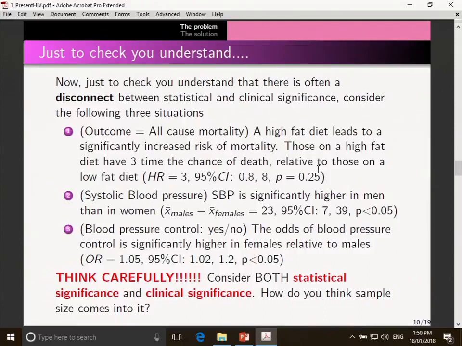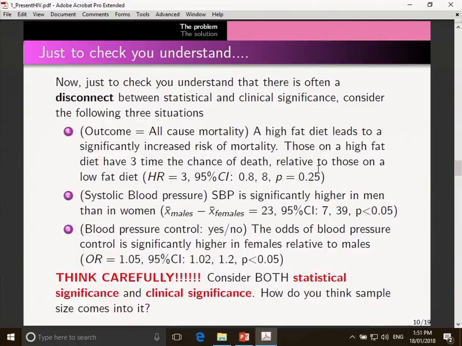The confidence interval is 0.8 to 8, and the p-value equals 0.25. What's happened there? Is a hazard ratio of 3 clinically important? 3 times the chance of dying. Do you think that sounds important? Yes. Is it statistically significant? No.